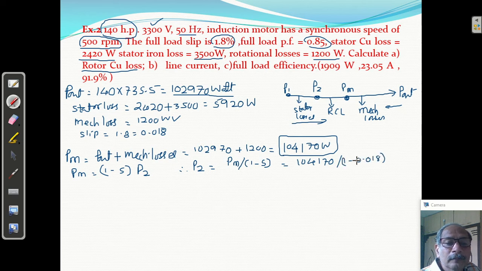Slip is given 1.8%, which means 0.018. So P2, the rotor input, we will calculate.